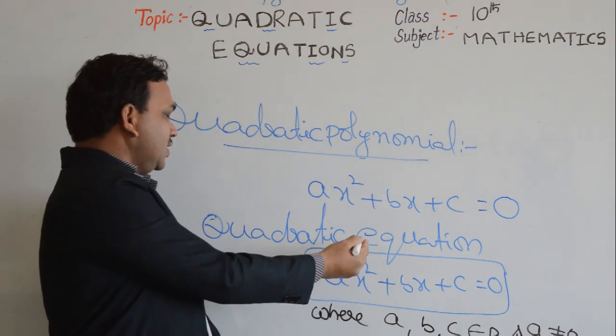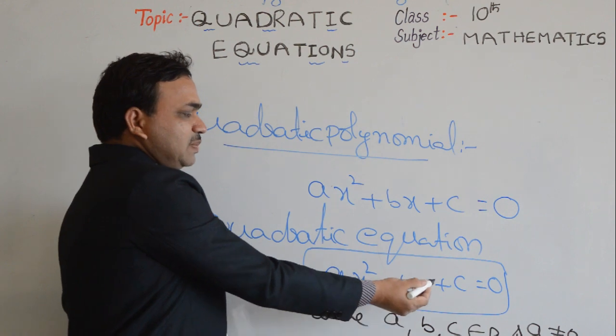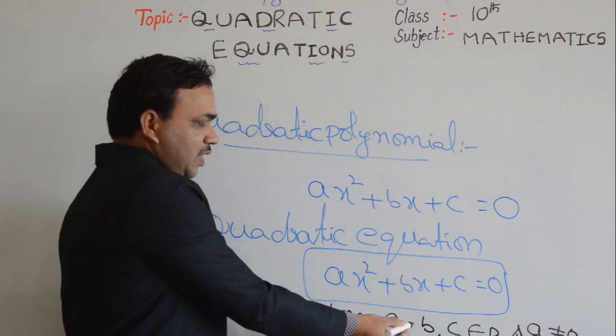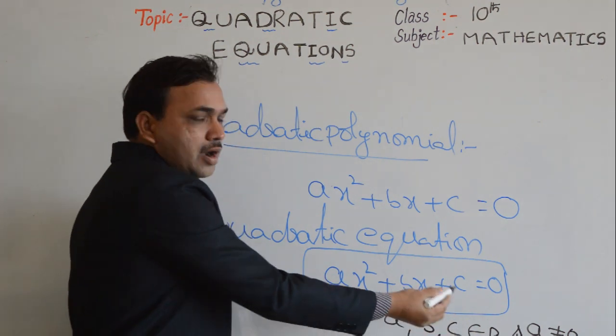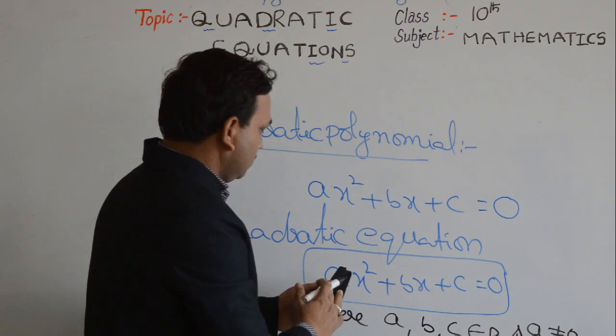So what is the general form of the quadratic equation? ax square plus bx plus c is equal to 0, where a, b, c belong to R and a is not equal to 0.